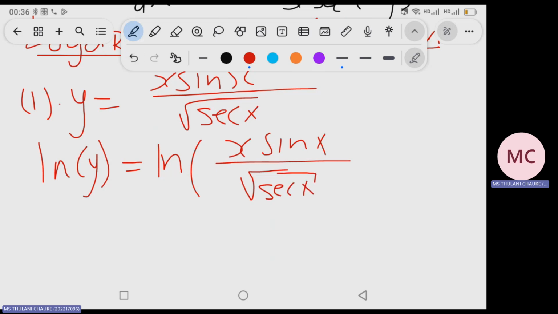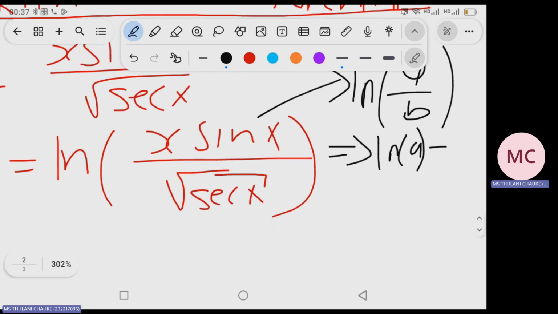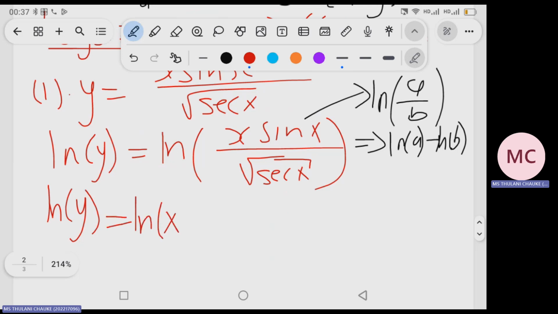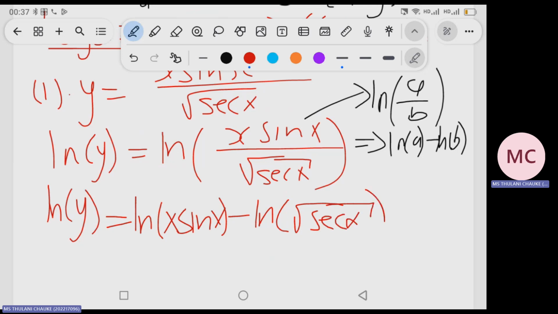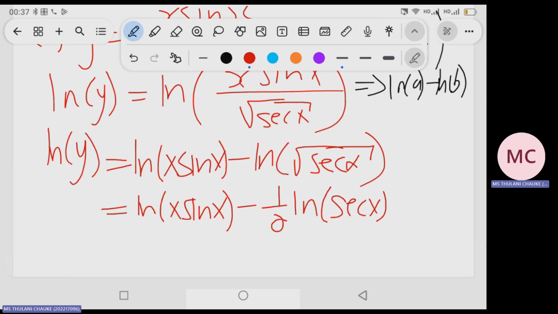Then the next step is to apply the logarithmic laws. For the ln of a over b, this will be equal to the ln of a minus the ln of b. Then we just have the ln of x sine x minus the ln of the root of sec x. Then this will be ln of x sine x minus 1 over 2 ln of sec x. Here we're dropping down the constant, using the rule that for the ln of a to the exponent n, this will be n ln a.